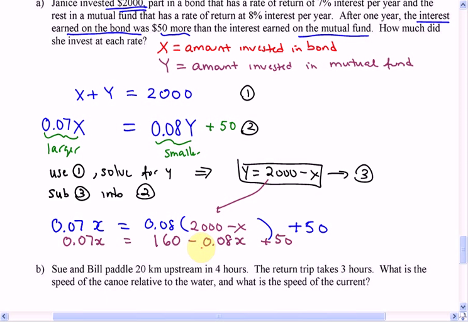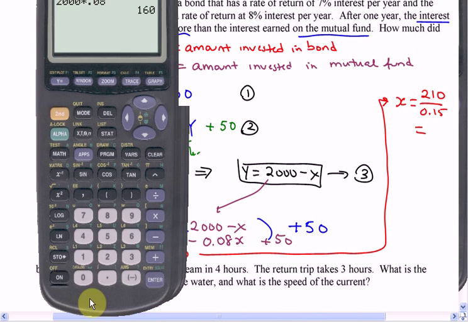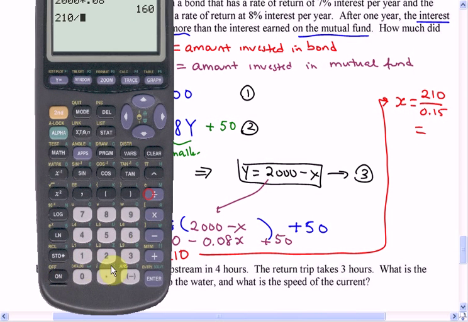Move by adding together, right? So how about 0.15x equals 210. Go ahead and solve for x if you can by dividing both sides by 0.15. Yes, use your calculator. 210 divided by 0.15. That's $1,400.